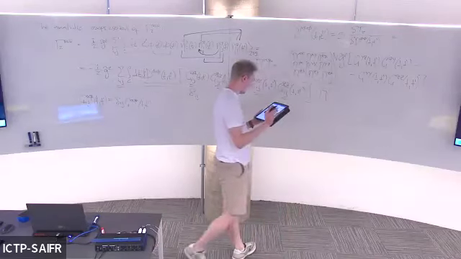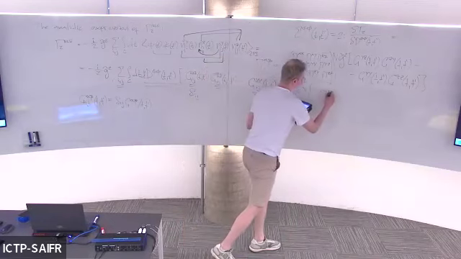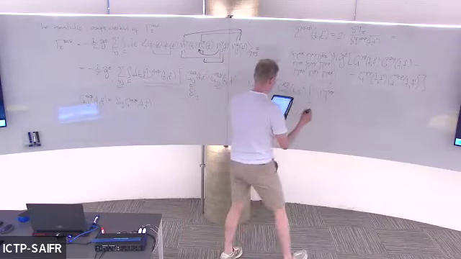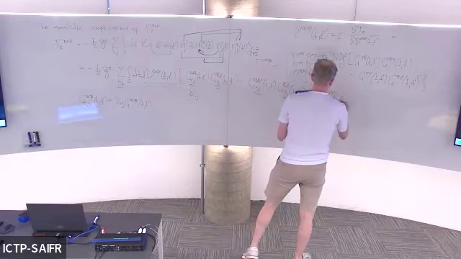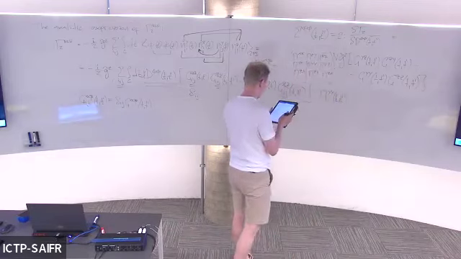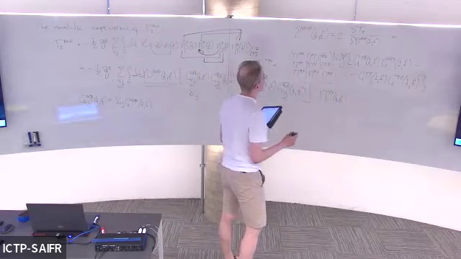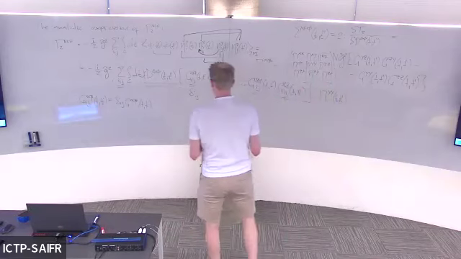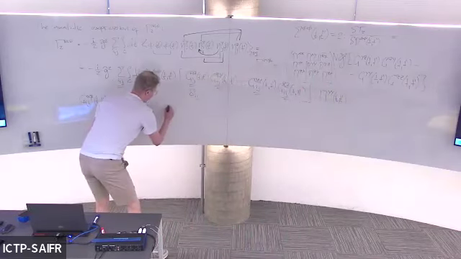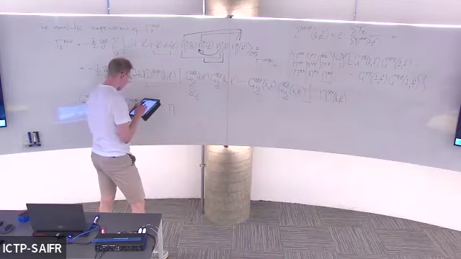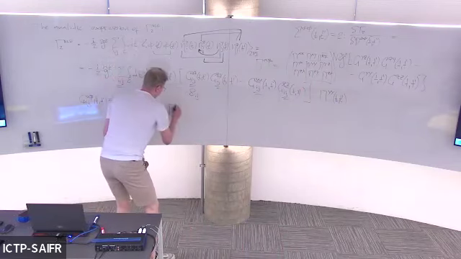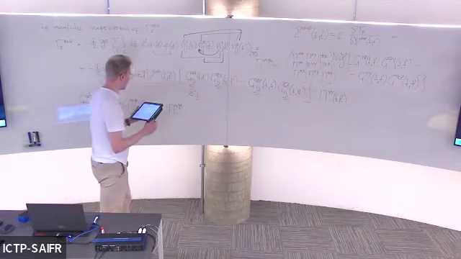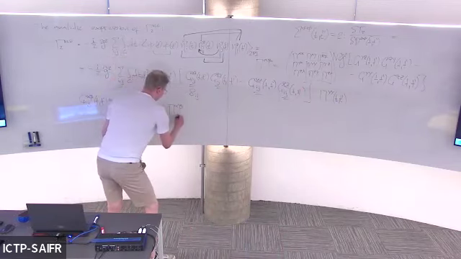So let's just give one example. Say yy. For the fermions, it's a bit more complicated.